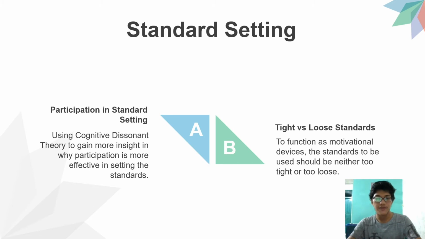Their dissonance will only be reduced when they receive feedback about the performance result. If the results are favorable, their dissonance will be resolved and increased commitment will occur.